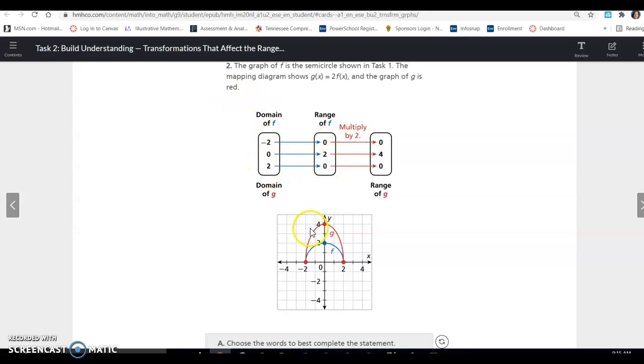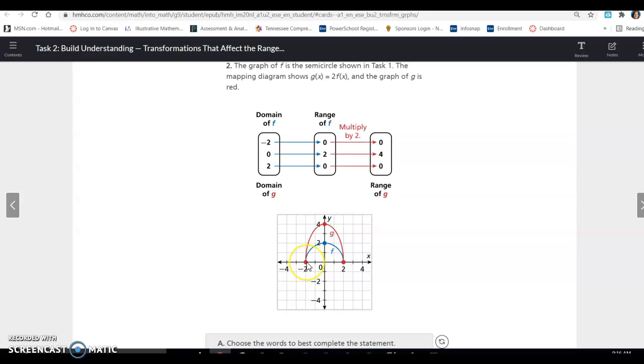The blue function f is the same as in task 1. Now we're going to multiply instead of add. So we're going to multiply f by 2. So 2 times f of x: 0 times 2 is 0, 2 times 2 is 4, and 0 times 2 is 0. So our new range is right here.